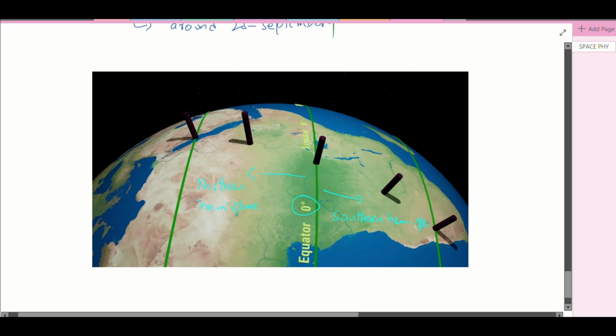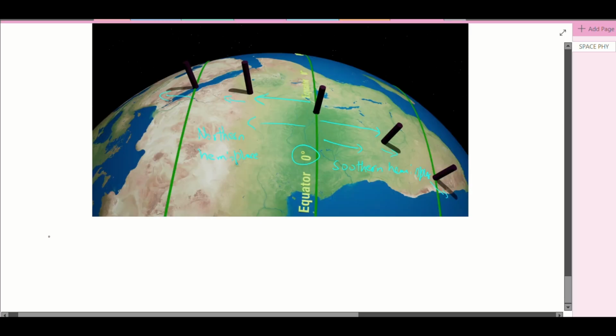Depending on the distance from the equator, the shadows are equal in size but opposite in direction. So you can see that. That is the main reason the seasons are reversed in the Southern Hemisphere.